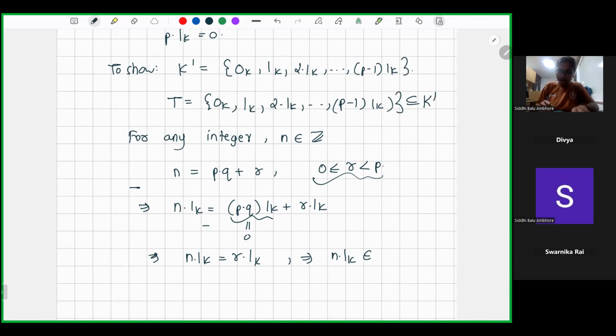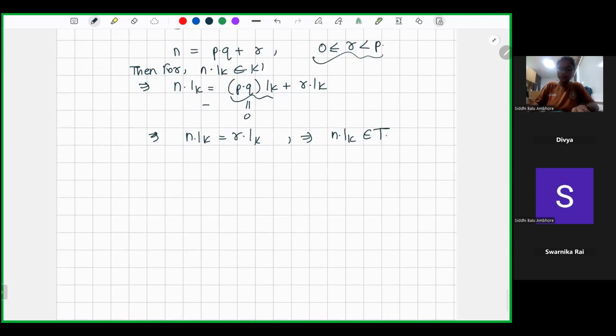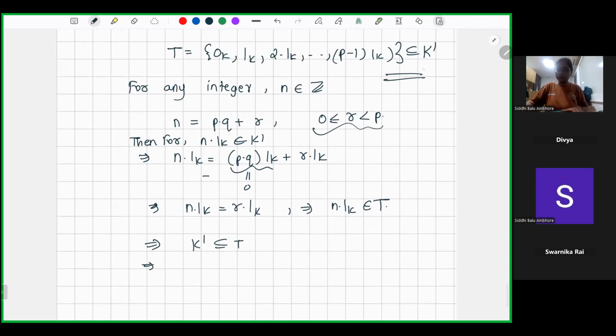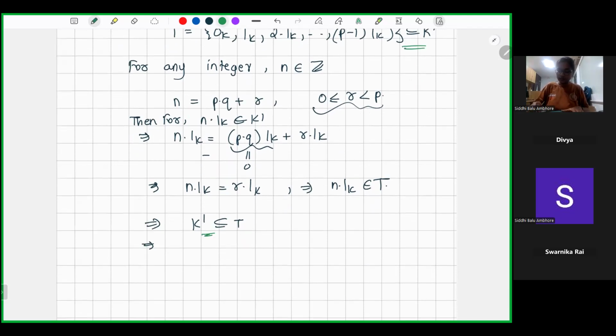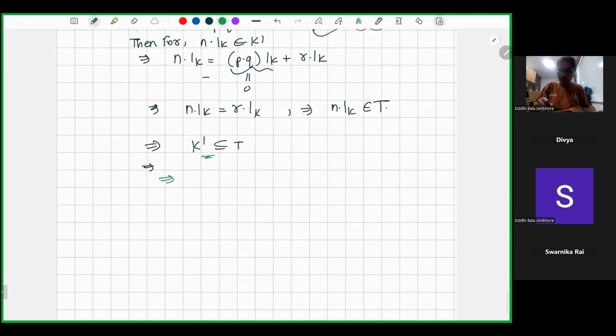Then for n·1_K in K', I get that n·1_K belongs to T. Therefore K' is contained in T, and from both these inclusions, K' is equal to T, that is the set {0_K, 1_K, 2·1_K, ..., (p-1)·1_K}. Is this okay?